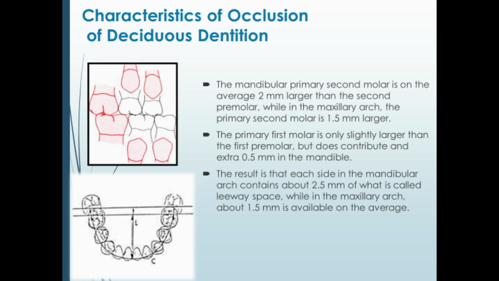This decreases both arch length and arch circumference, which are related and commonly confused terms. Even if incisor crowding is present, the leeway space is normally used by mesial movement of the permanent molars. An opportunity for orthodontic treatment is created at this time, since crowding could be relieved by using the leeway space.